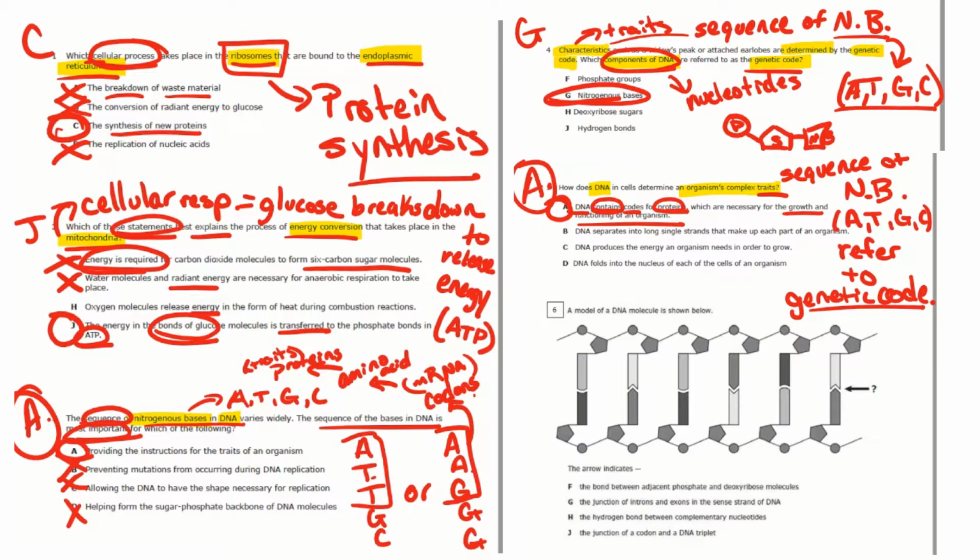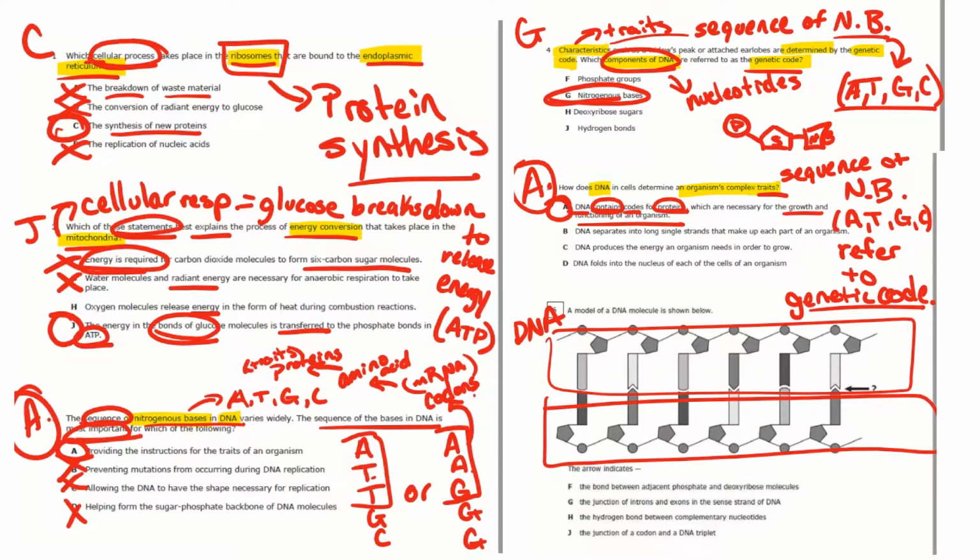Number 6, a model of a DNA molecule is shown below. The arrow indicates what? Okay, so first off, let's take a look at what we are looking at in this DNA molecule. So we know DNA has 2 strands. So this is one strand, this is another. So 2 strands.